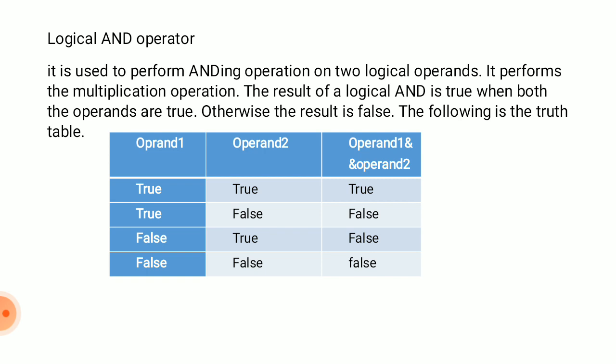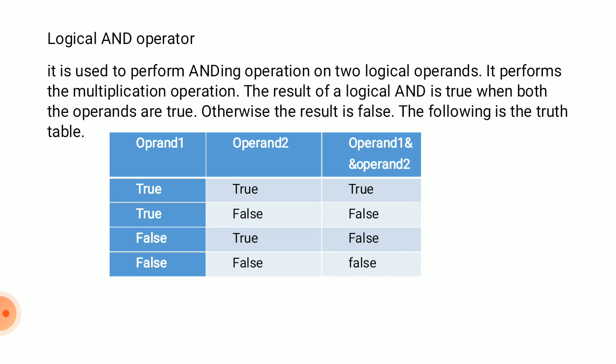Below I have given the truth table: operand 1, operand 2, and in the third column the operation. True, true, true; true, false, false; false, true, false; false, false, false. The result is true when both the operands are true. Otherwise, the result is always false, or 0.